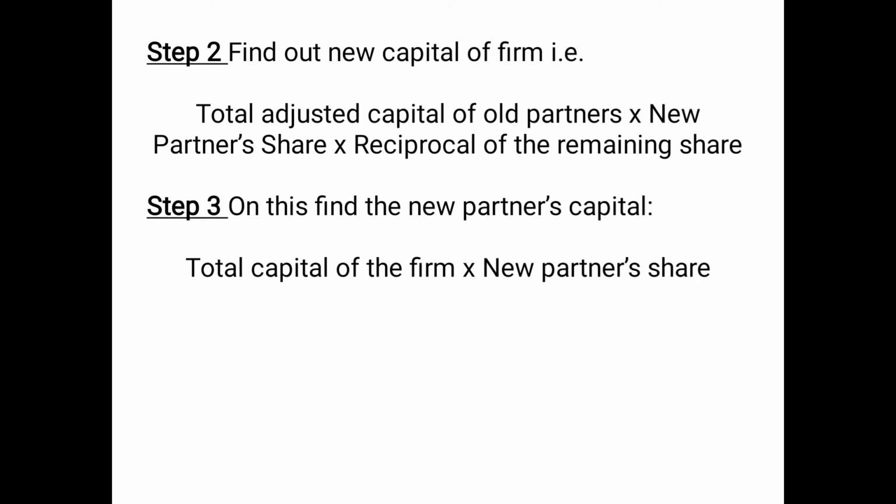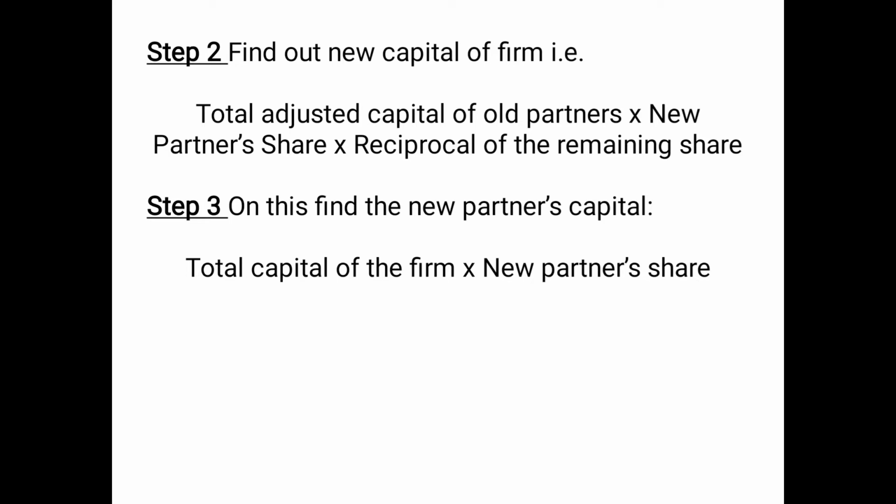So in such a case, the formula would look like total adjusted capital of old partners, whatever the amount is of different partners, multiplied by new share, for example 1/5, multiplied by reciprocal of the remaining share, that is 5/4 as in our example.